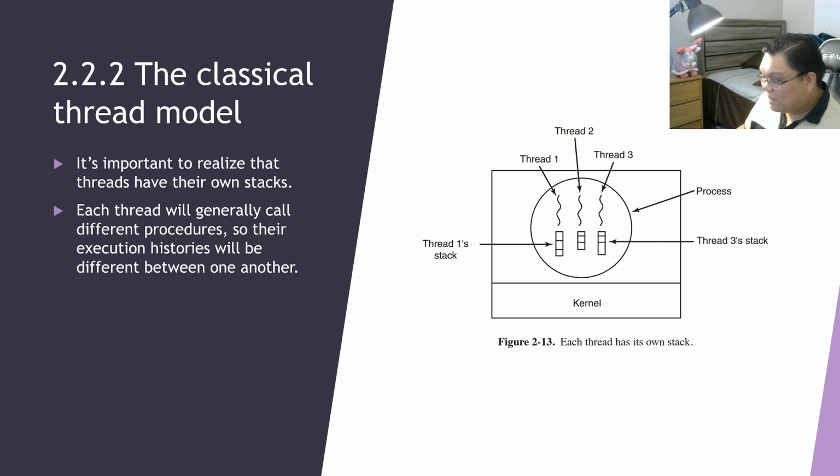Like that. It's kind of like a choose your own adventure book, but instead of following one possible path, you're following multiple paths within one process. So that's why each thread must have its own separate stack.